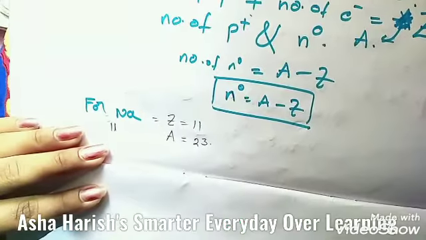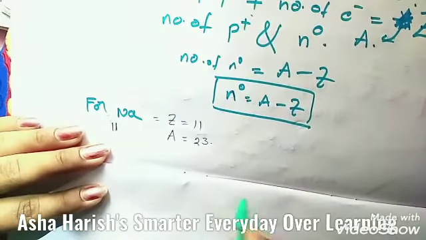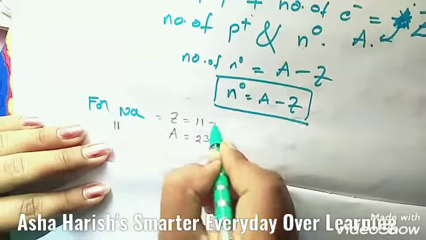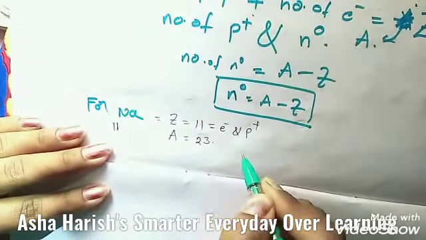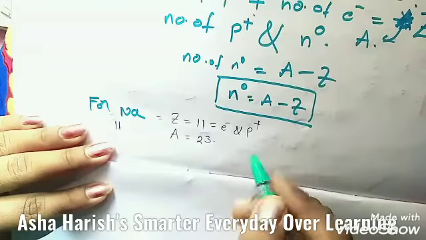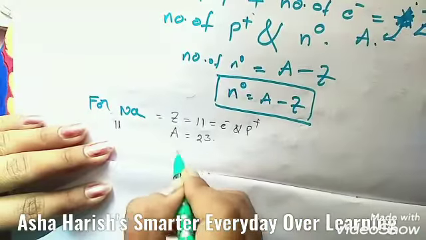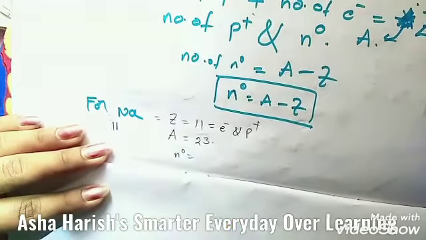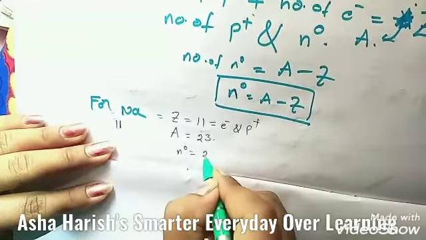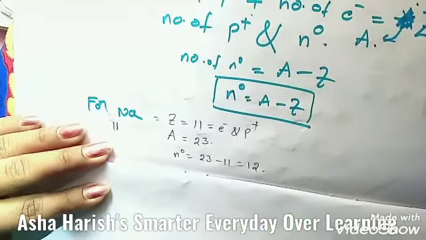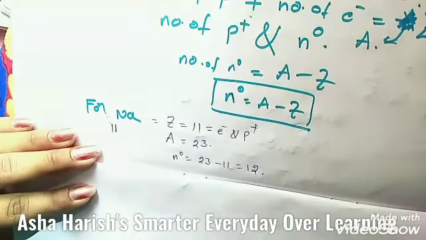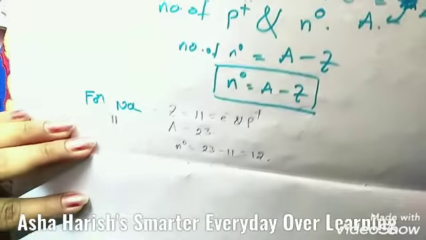In this, the number of protons and the number of electrons is equal to 11. And students, if we calculate the number of neutrons, 23 minus 11 is 12. This is the number of neutrons present in sodium.